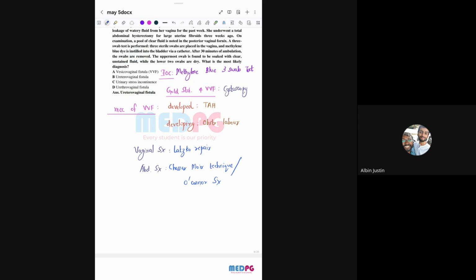Okay. So post-op instructions. What do you say? No per speculum, no PV, no intercourse. For how much duration? For 3 to 6 months. Very important. Then no pregnancy for 1 year.